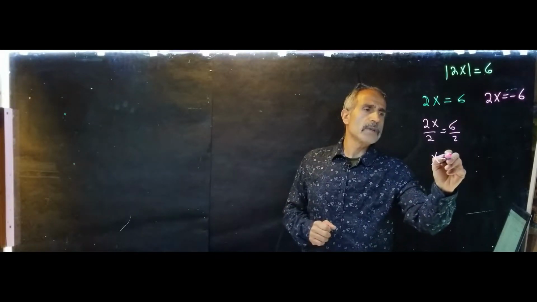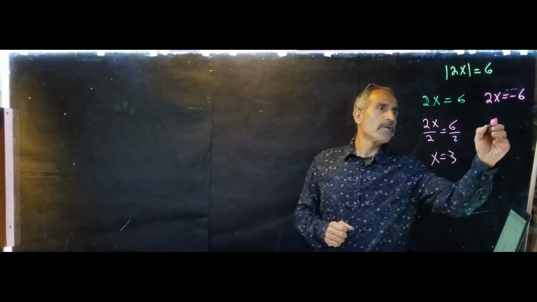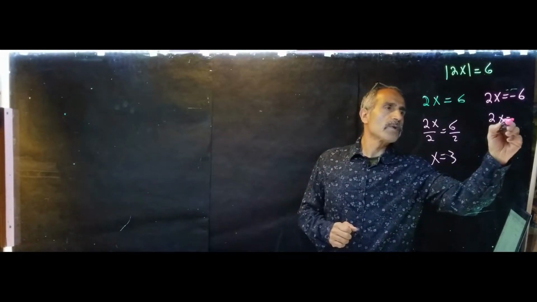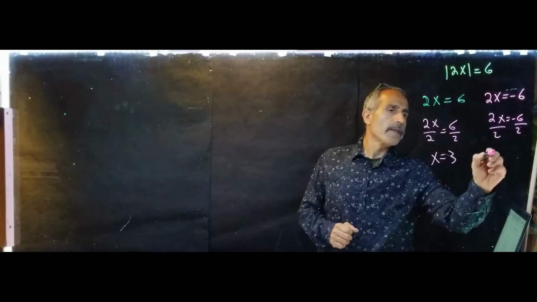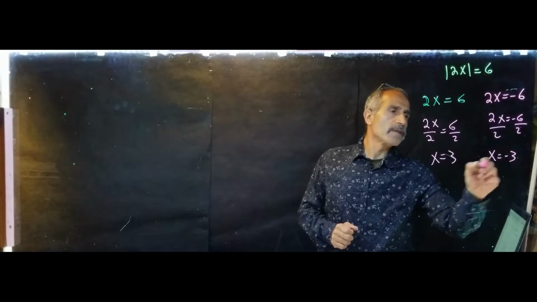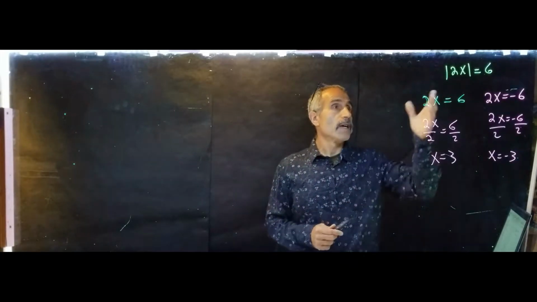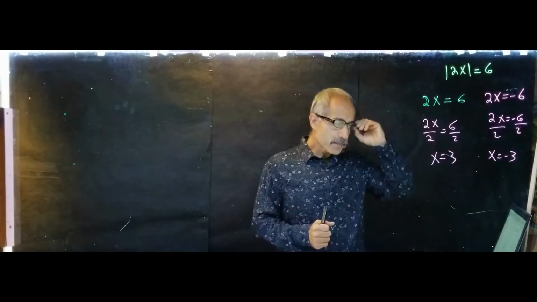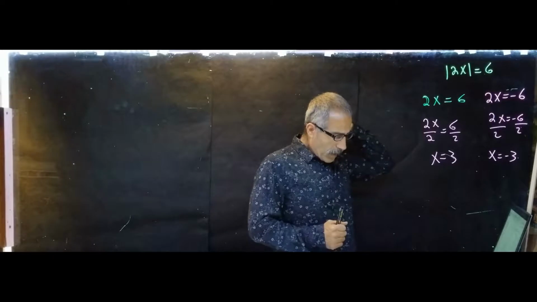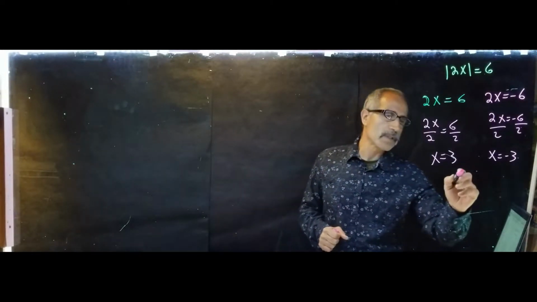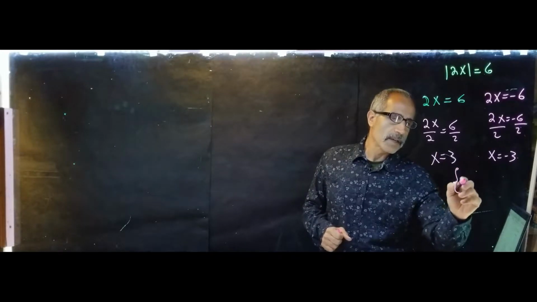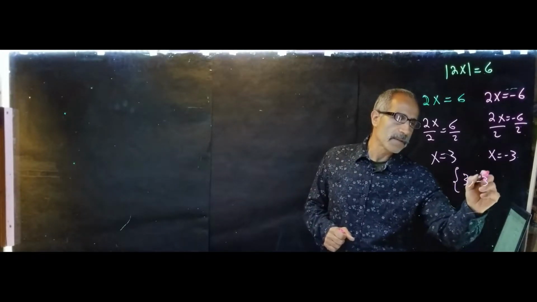Your x is equal to 3. Same thing over here. 2x is equal to negative 6 divided by 2, and then you have x is equal to negative 3. We get two different answers, and that's how you solve this one. We can write the solution set as 3 and negative 3.